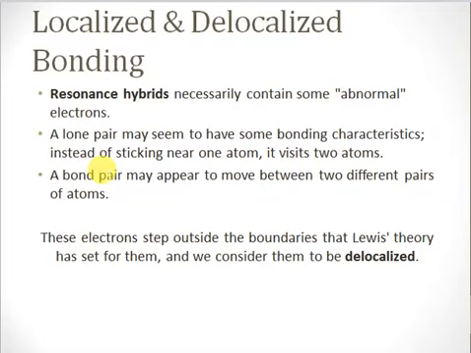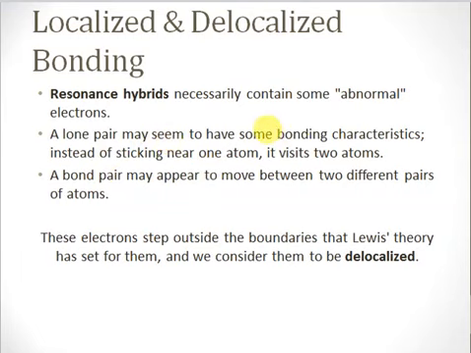However, when we consider the systems which are conjugated, in conjugated systems we get the concept of resonance, and when we get the concept of resonance, then we get the concept of resonance hybrid, right? So the resonance hybrid, or the real structure, cannot be drawn on paper. The resonance hybrid contains some abnormal electrons because the electrons are not fixed, and the lone pairs have some bonding characteristics as well.